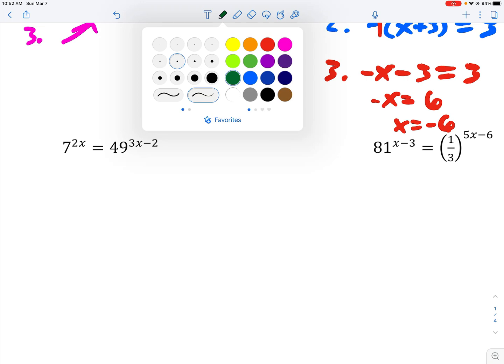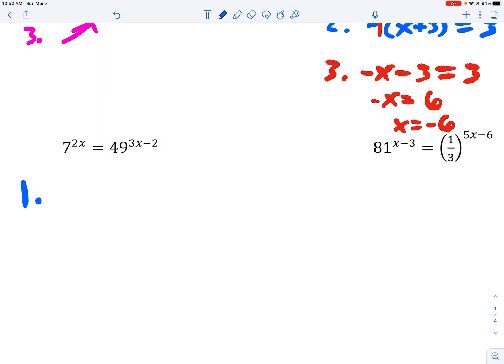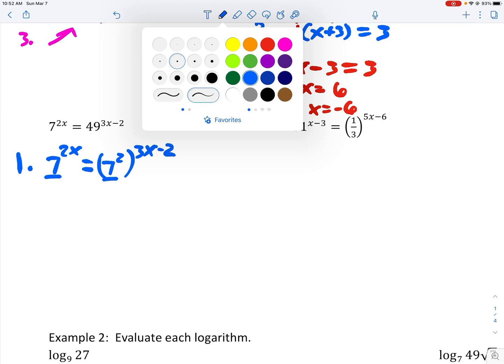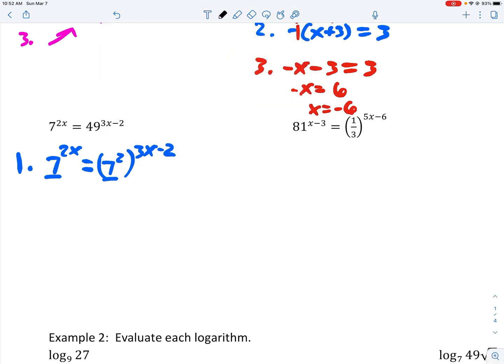So step 1, rewrite the bases to be the same. So 7 to the 2x. I can't rewrite 7. 49 is 7 squared, to the 3x minus 2. So now I have the same bases. Just to clean it up, this would be 7 to the 2x equals 7 to the 2 times 3x minus 2, because a power raised to a power, you multiply.